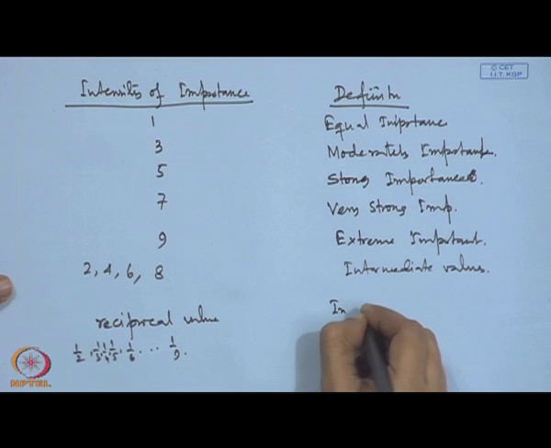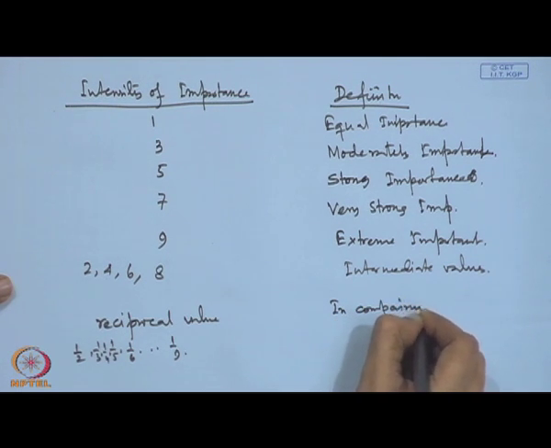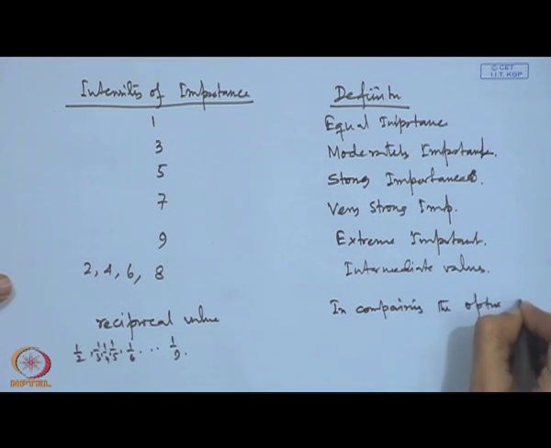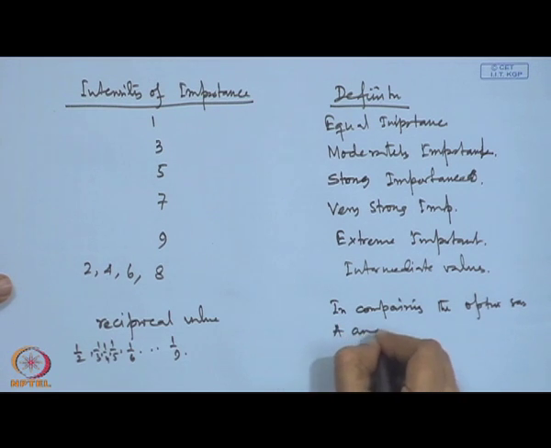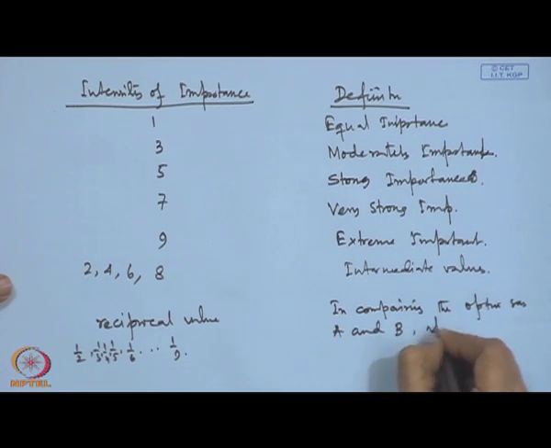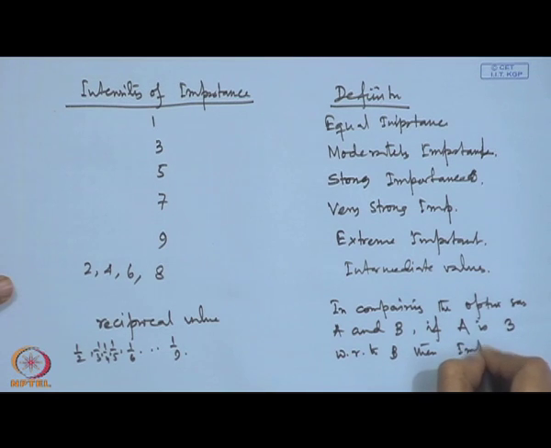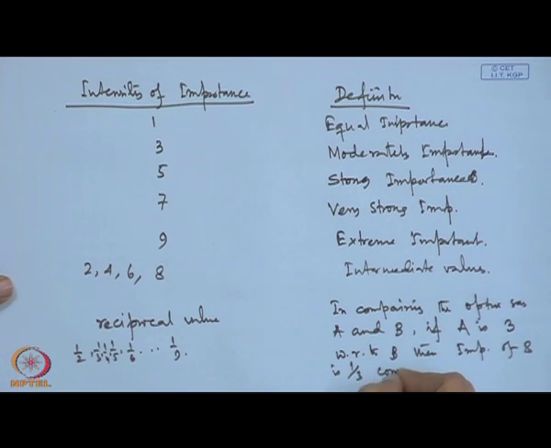In specific, we are defining the reciprocal values in this way, in comparing the options, say A and B, if the importance of A is 3 with respect to B, then importance of B is 1 by 3 compared to A. That is the idea.